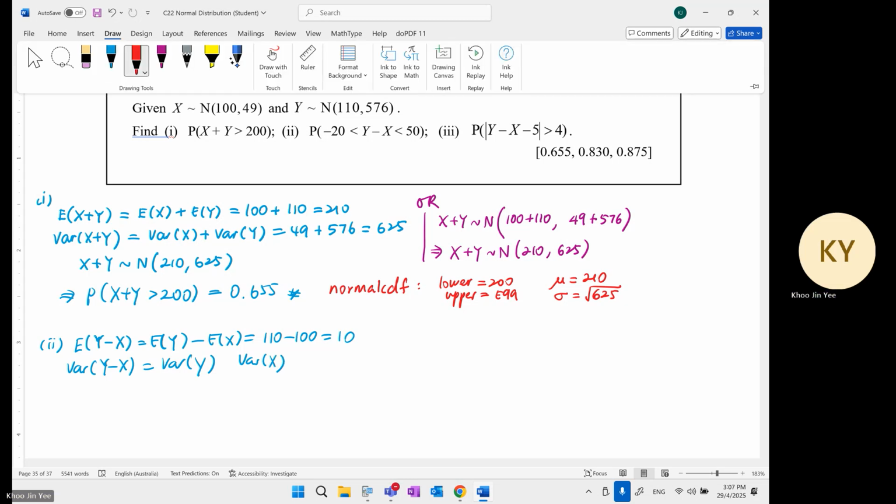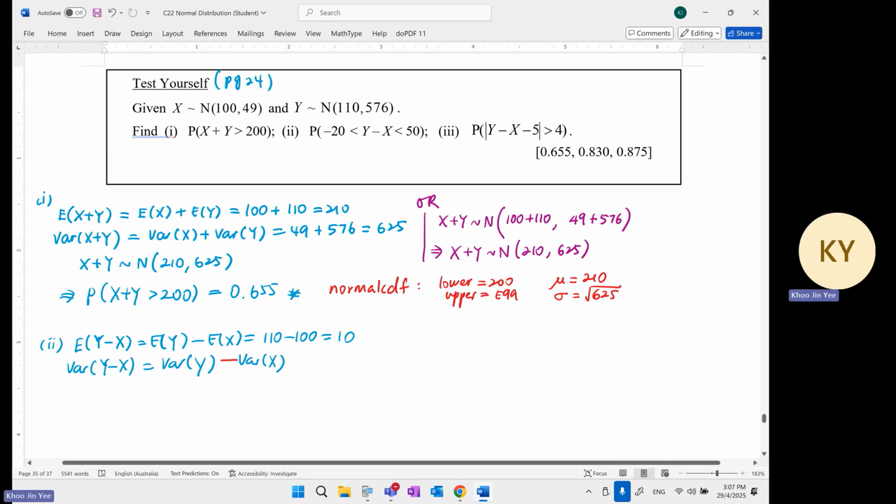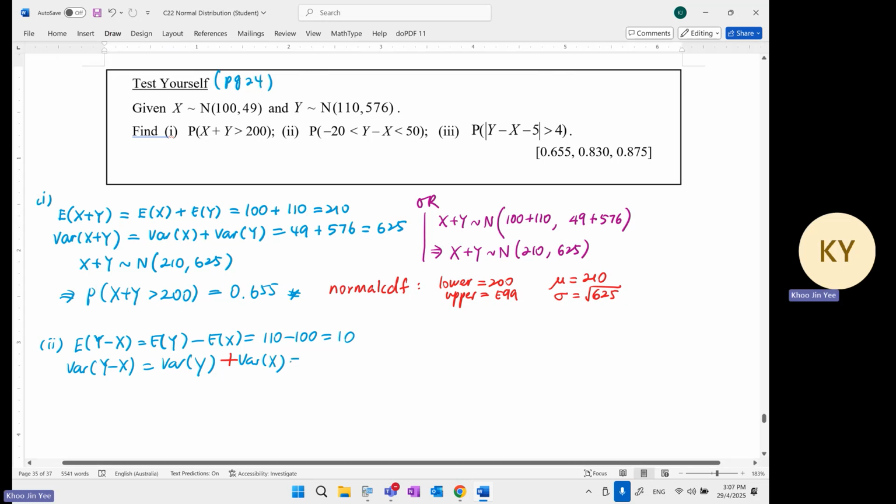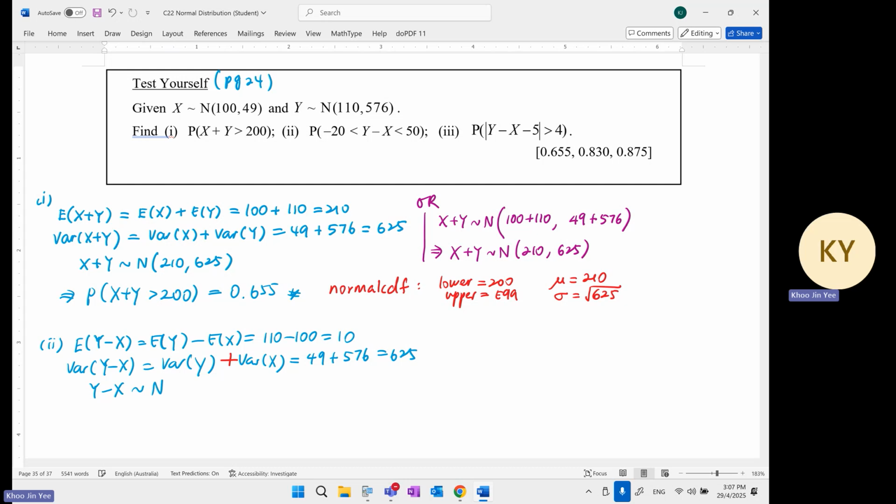But we minus. Be careful, sorry, we plus. Variance always plus. So this would be 49 plus 576 equals 625. Because of that, y minus x follows a normal distribution of 10 and 625.